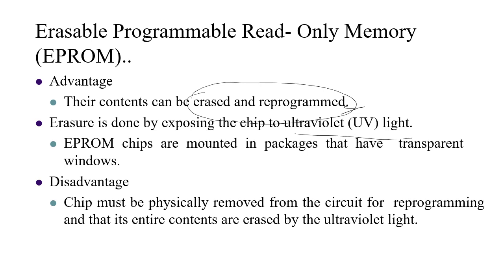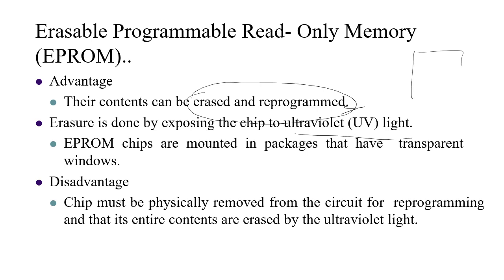Once the data is written, erasing it is a bit of a Herculean task as compared to the modern ROM we have. The erasing process is a little bit difficult, where the chip has to be exposed to a high beam of ultraviolet rays.